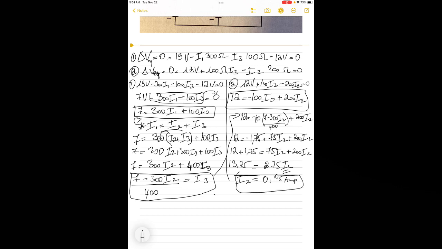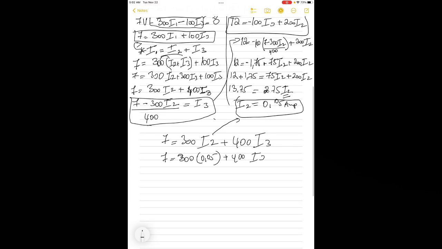Now we have 7 equals 300 I2 plus 400 I3, and we can replace the 300 I2 by 300 times 0.05, plus 400 I3, and this will give us the answer for I3. So 300 times 0.05 equals 15.